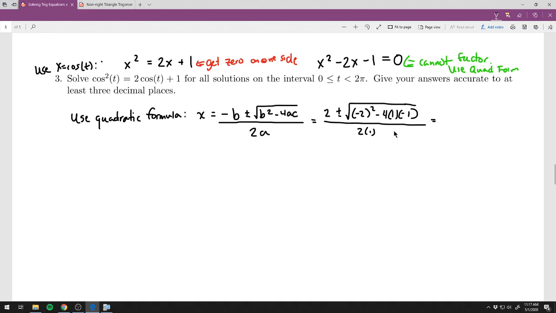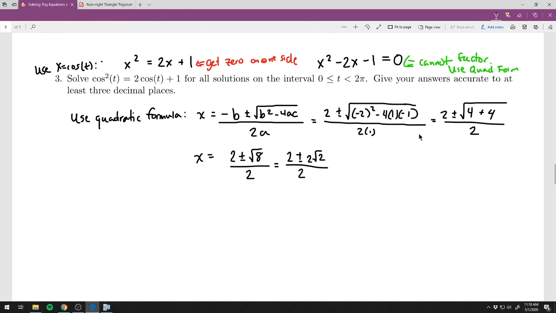Just simplify this exactly like you have in the past. Nothing new here yet. -2 squared is 4, and 4 times 1 times negative 1 is +4. I'm just going to keep simplifying it. 4 plus 4 inside the square root is 8. And you can even go as far as simplifying the square root, because 8 is 4 times 2, so we can take a 2 out and leave the 2 inside the square root.